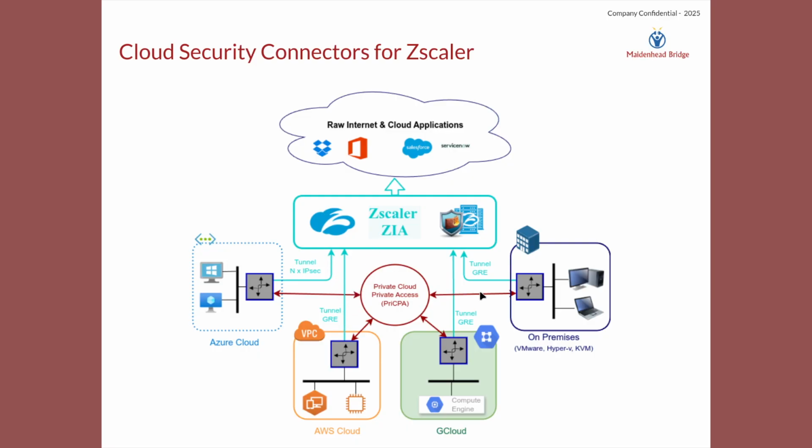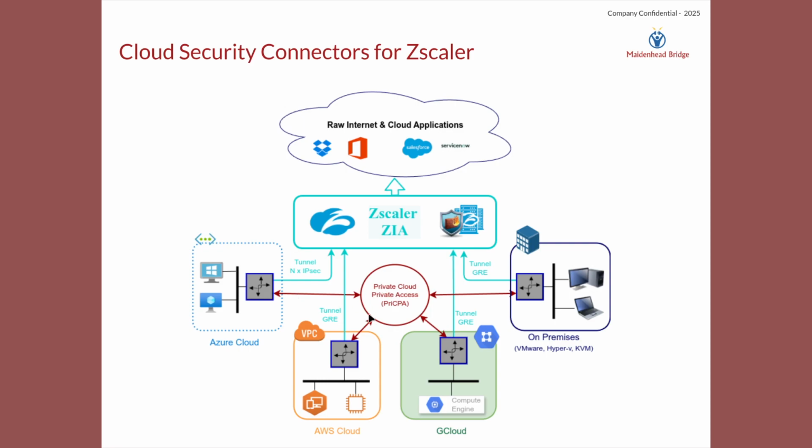Zscaler says, first thing first, if you can do a tunnel, do it, and you will have all functionalities in the cloud, not only for web browsing, but also for all ports and protocols using the firewall in the cloud. If you have a location, do a tunnel. This is the most important thing in the Zscaler setup, because you can protect all ports and protocols and all communications and use the entire stack of security that Zscaler provides.